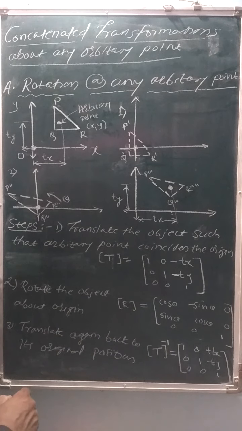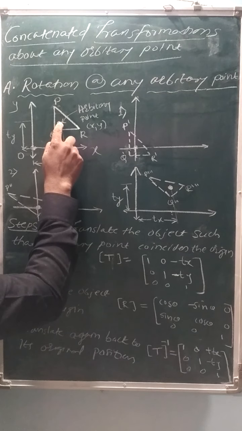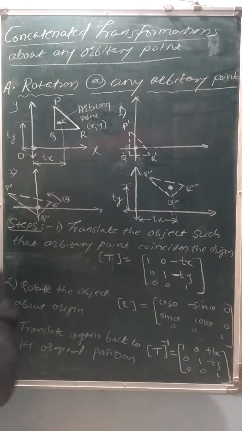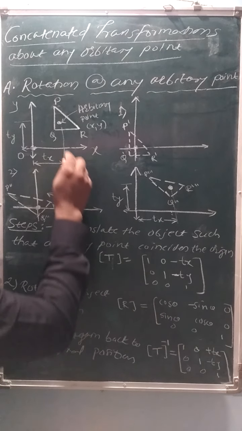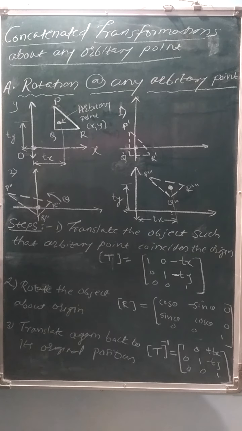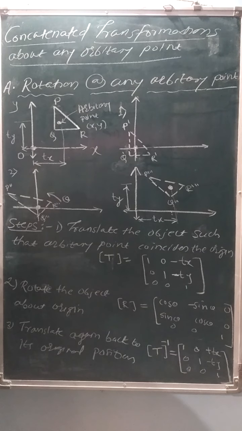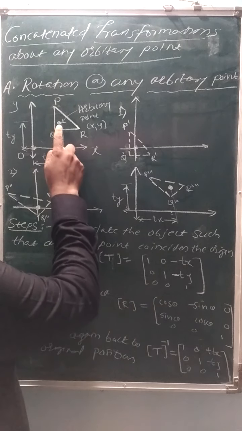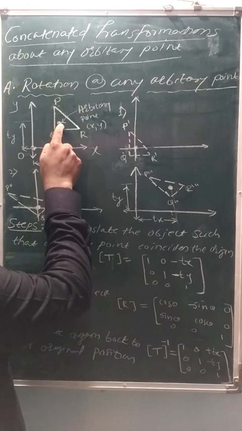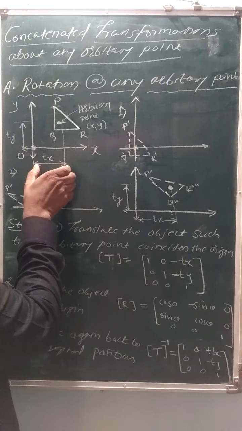Now step number 1. In that we have to bring this arbitrary point towards the origin. Means we are coinciding this arbitrary point to the origin. Means first we have to translate this arbitrary point to the origin by distances tx and ty.